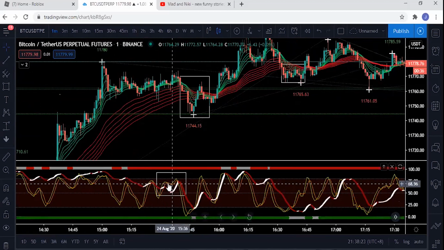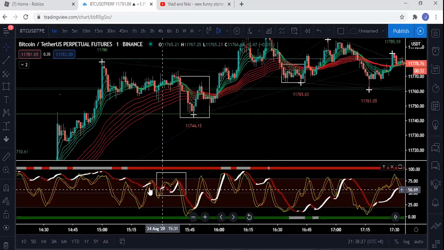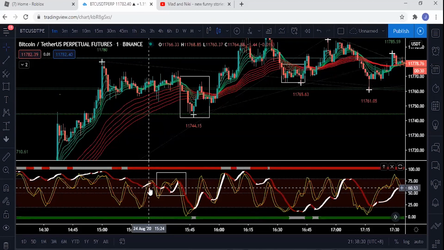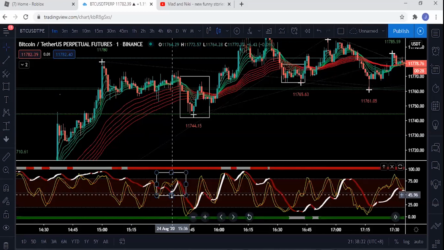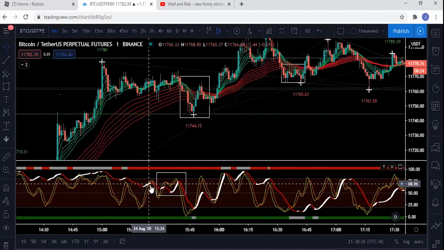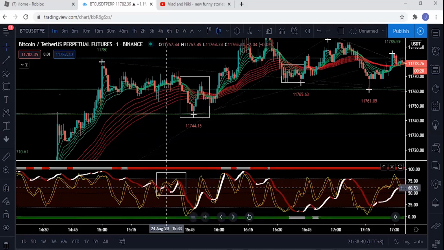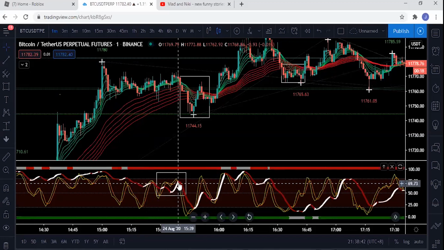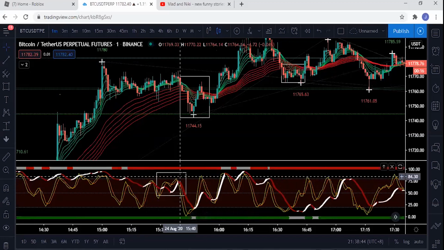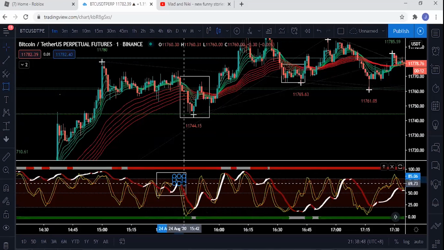Because when you see a signal here, it already crosses, but our shadow is still above our 50 RSI, meaning to say there will still be a continuation of price going up. And then here another crossover, this one.